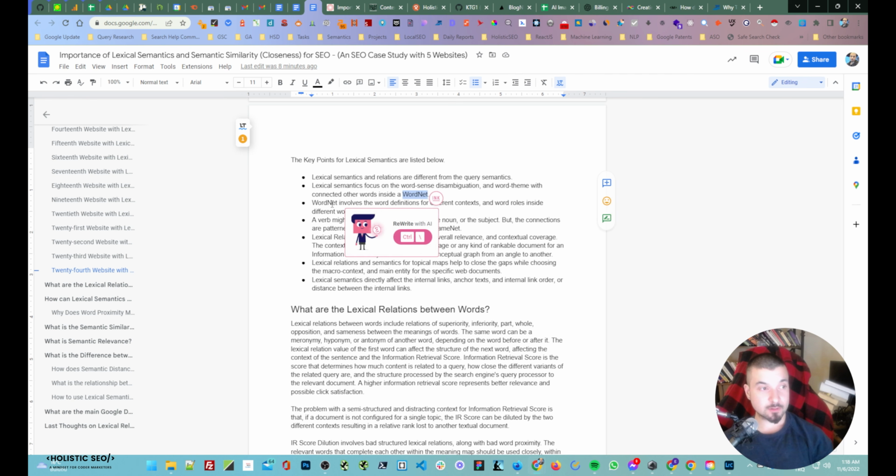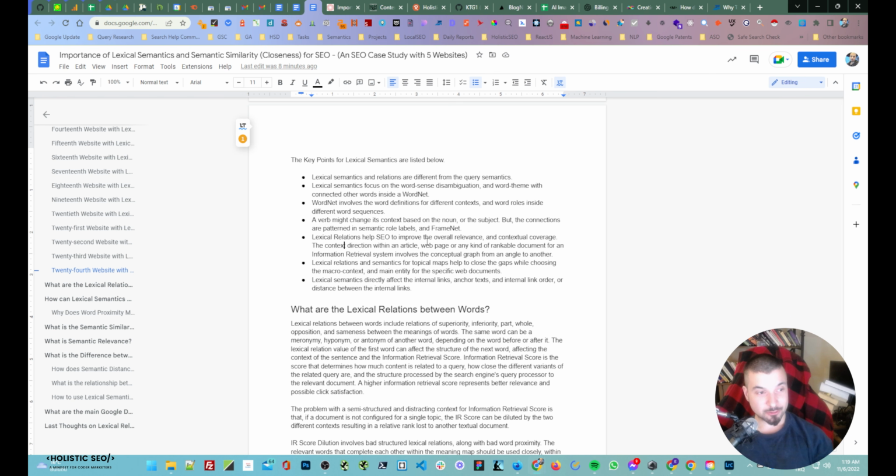Check the WordNet concept on my website. You will get what I mean. WordNet involves the word definitions for different contexts and word roles inside different word sequences. A verb might change its context based on the noun or the subject, but the connections are patterned in semantic role labels and FrameNet. Check FrameNet from other sources. I didn't write it yet.